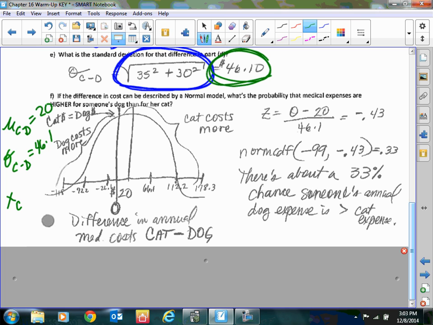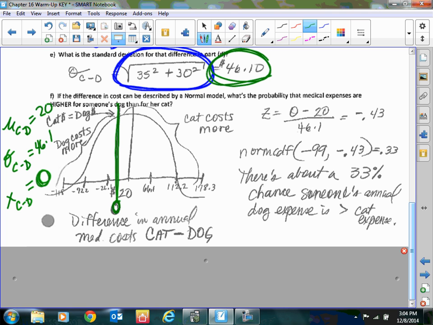The X for cat minus dog, it's saying what's the probability that the medical expenses are higher for someone's dog than cat? Higher for the dog than cat. So the middle portion of that is when they are the same. So my X value, I got to find the location of an X value of 0 first, because that's where they're the same, all right?